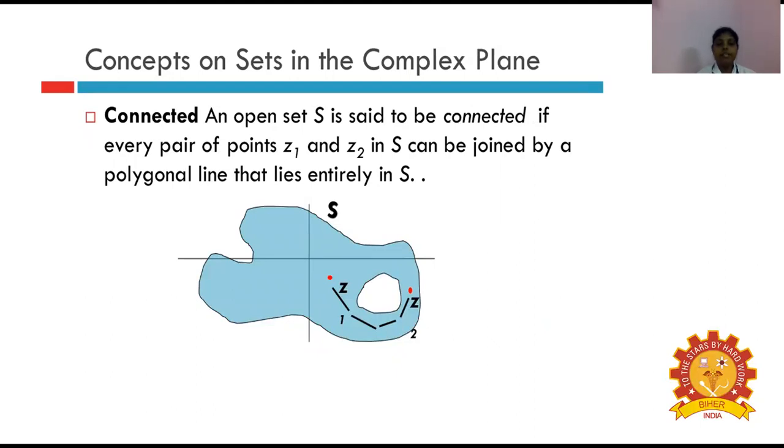An open set S is said to be connected if every pair of points Z1 and Z2 in S can be joined by a polygonal line that lies entirely in S.